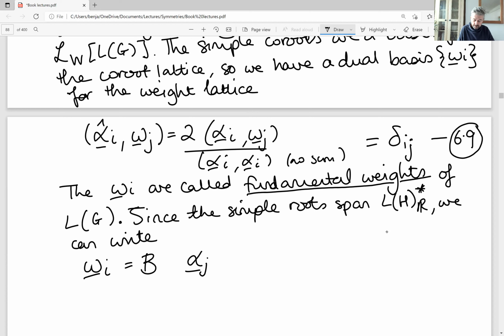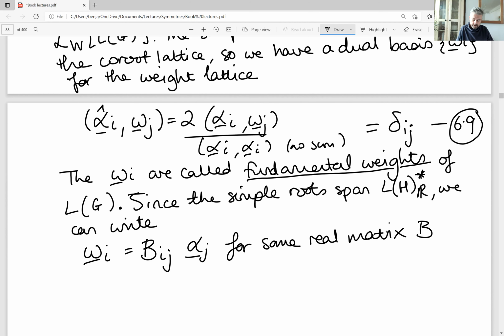And that linear combination, I'm going to write in matrix form. So B is a real matrix. It's r by r, of course, with elements B_ij.